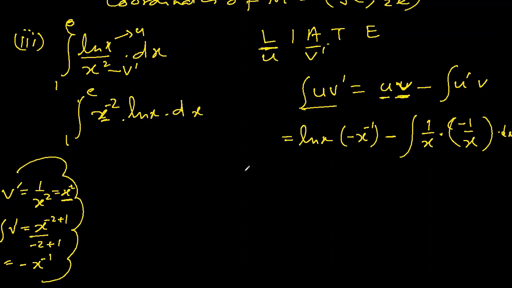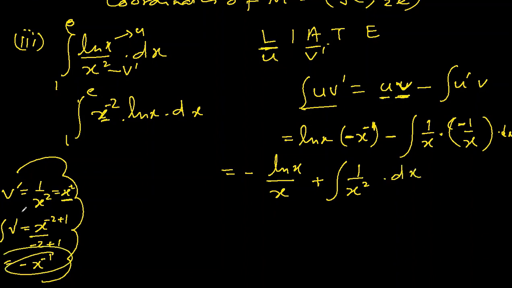Minus ln x over x, because of this minus I'll bring x to the denominator. This minus and this minus make it plus, so plus the integration of 1 over x² dx, and 1 over x² we just integrated. So our answer is minus ln x over x minus 1 over x plus c finally.